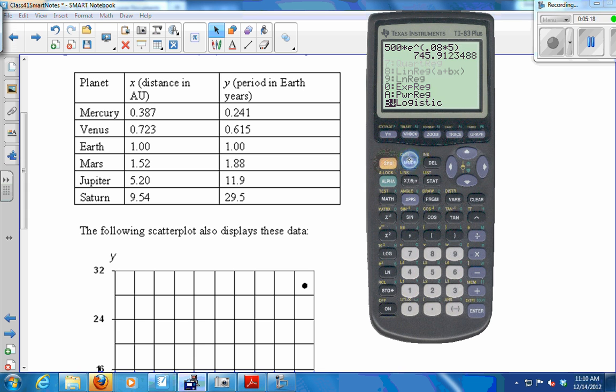To remind you how to enter data, you go Stat, choose Edit, clear your lists, and we enter the X data in L1: 0.387, 0.723, 1, 1.52, 5.2, and 9.54.